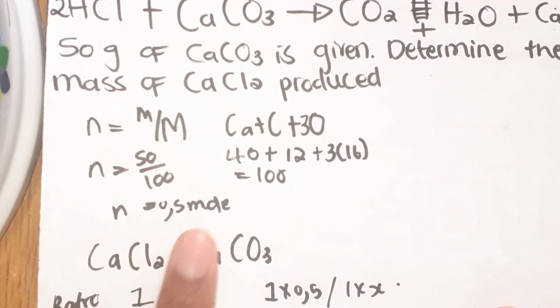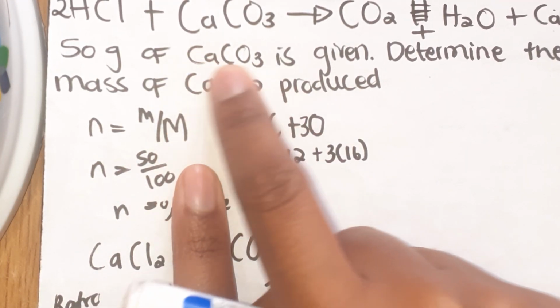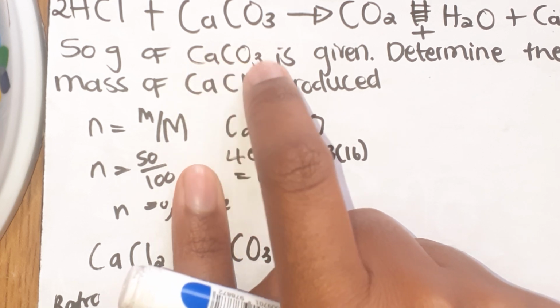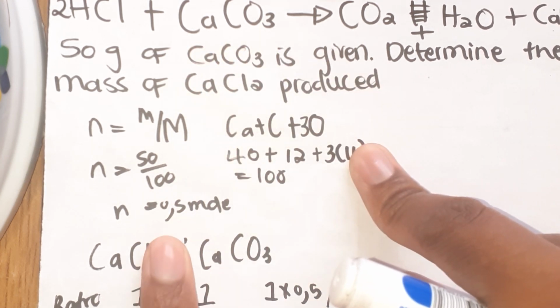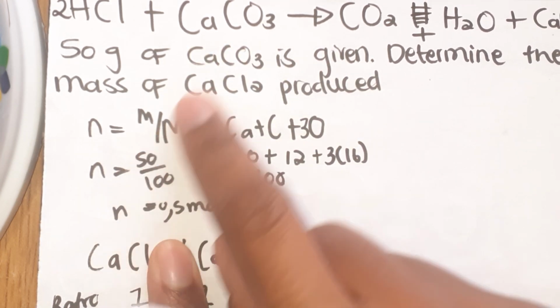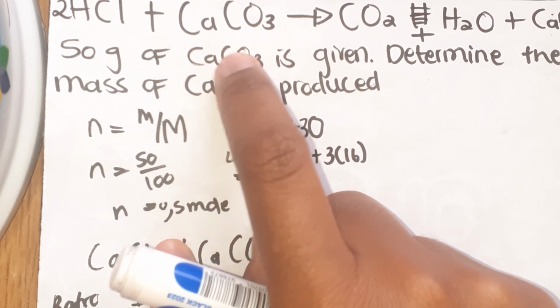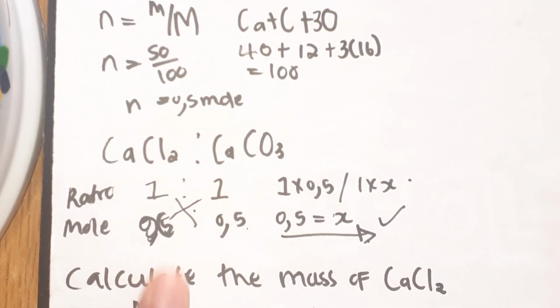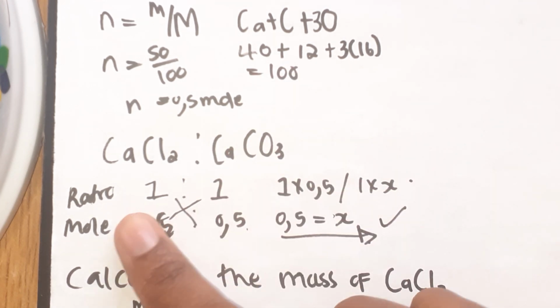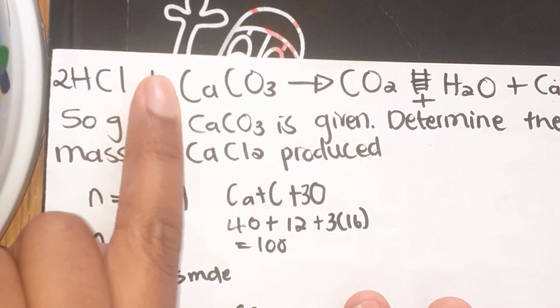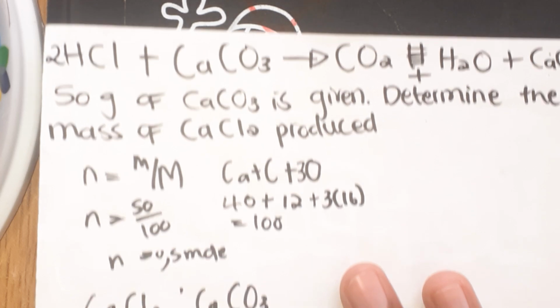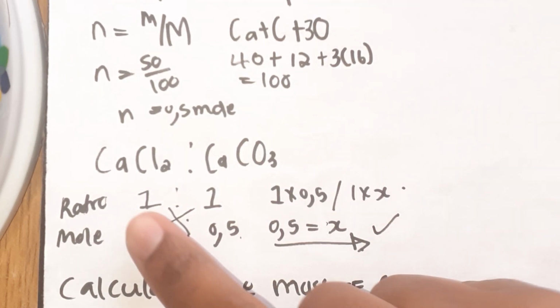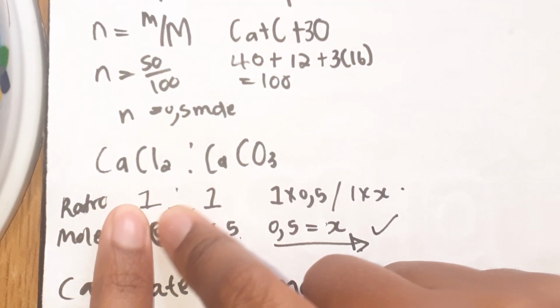You are firstly going to find the molar mass of this thing on the periodic table. After finding it, then you will calculate the mole of this thing. After finding the mole of that thing, then you can do the ratios. Ratios are the numbers in front, the stoichiometry coefficients. Then you will write the coefficients of them.